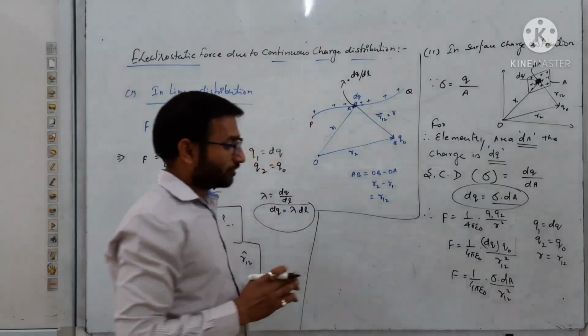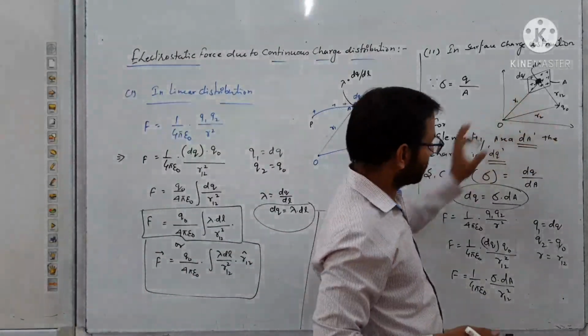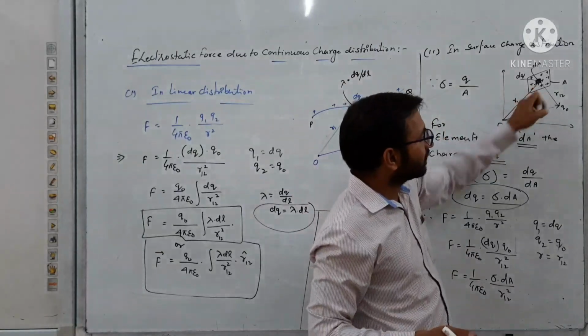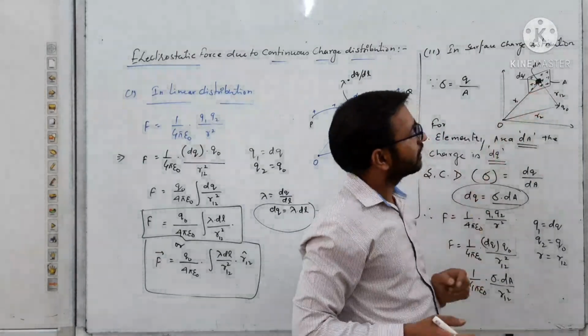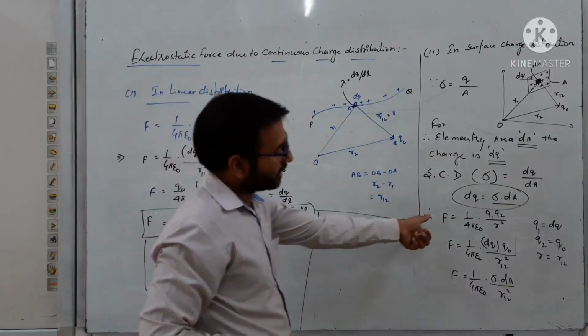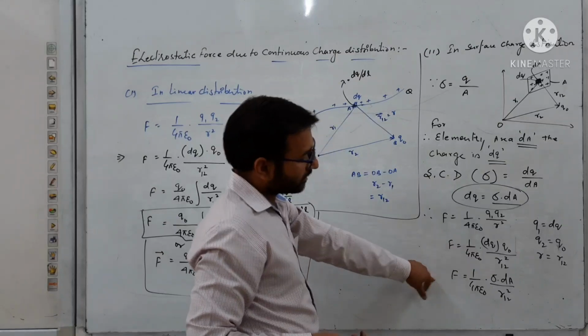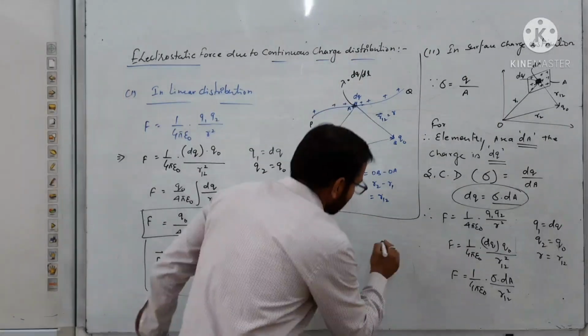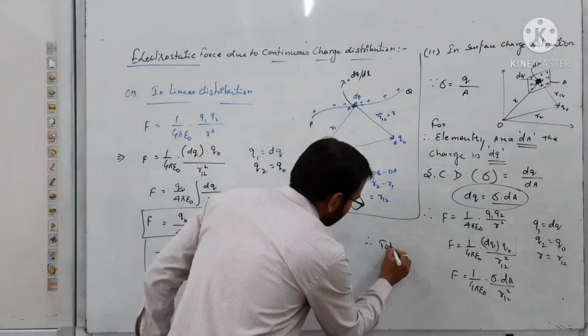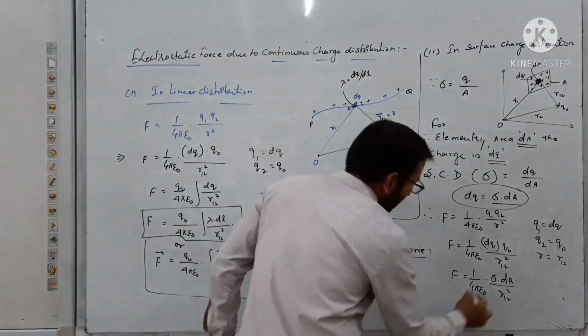Now if we are thinking here about the total force, because when we are taking the force for this area element, it will be dF here. Now I am writing directly the formula for the total electrostatic force for the entire region.